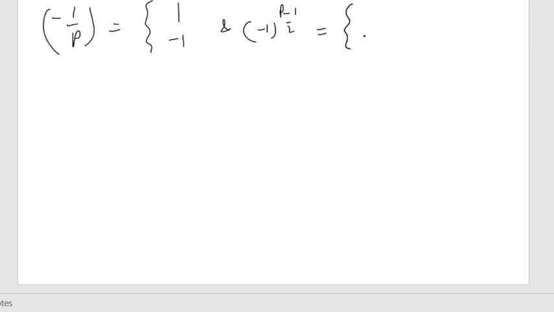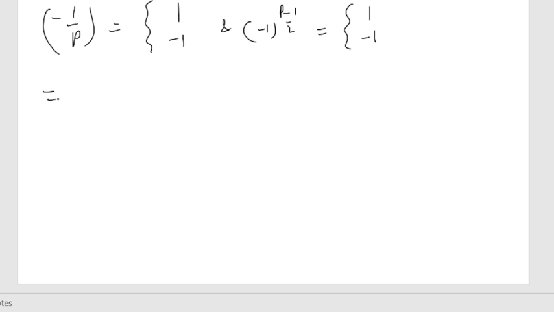Next one is the Legendre symbol of minus 1 by p. It is clear that it is either 1 or minus 1. Similarly, minus 1 to the power (p-1)/2 is always either 1 or minus 1.